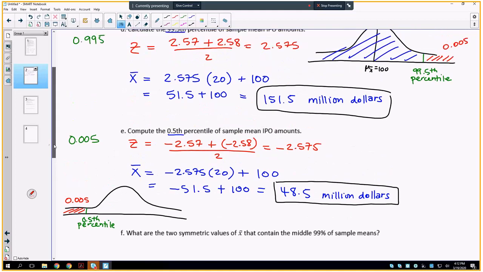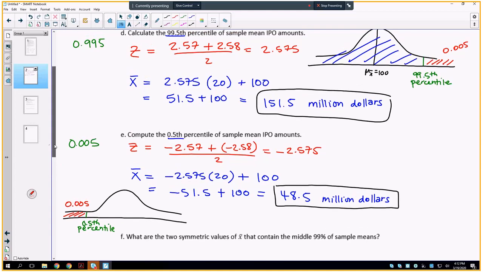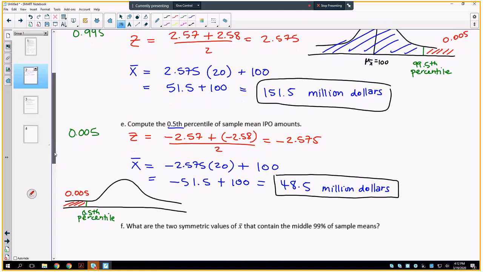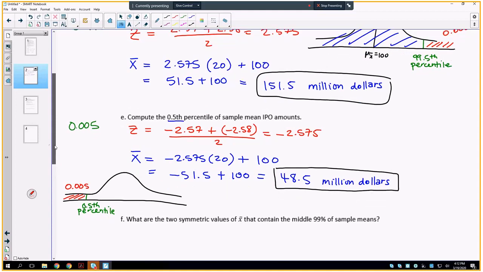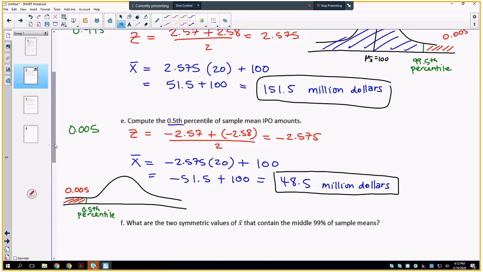So it's exactly the same as my picture for part D, but flipped around, which means that I'm going to find the same z-score for both parts, but with two different signs, one positive, one negative. And that's exactly what I found by doing it from the table.